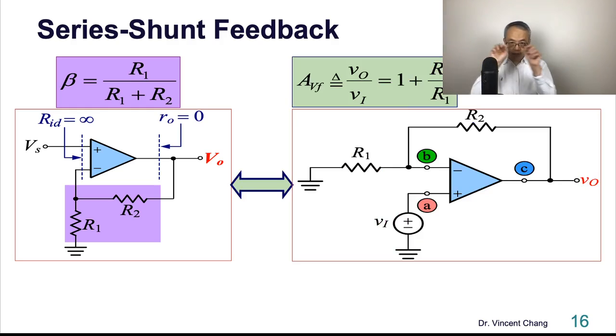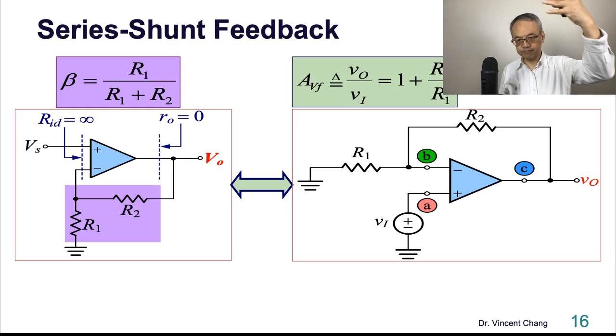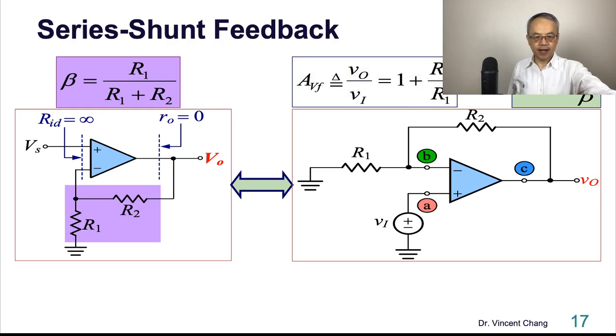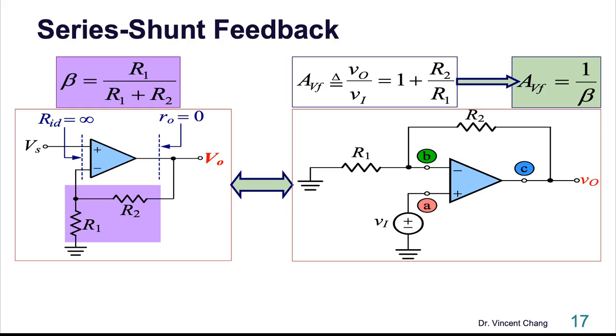Can you relate these two together? The ideal closed loop gain is 1 over beta.